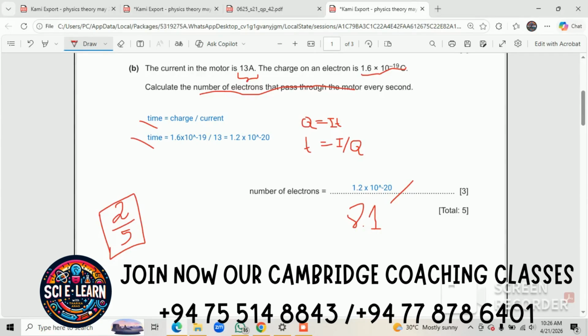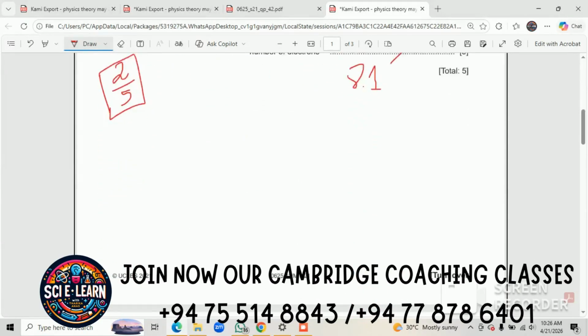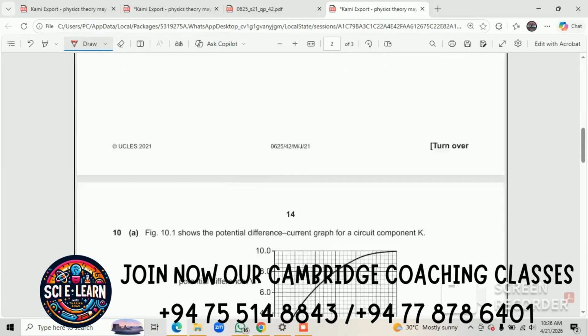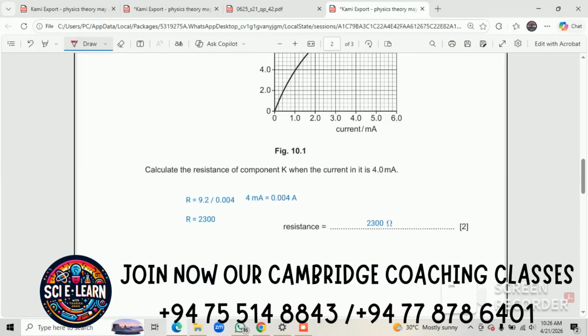Just write down Q equals IT, charge equals current times time, and then you can substitute the values by making time the subject. Even if you lose marks in the other parts, you can gain the marks for the equation at least. So it's a better way to cope with the marks. Okay, fine. That's perfect. So out of this question, you got 2 out of 5.